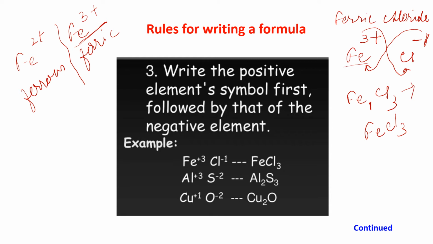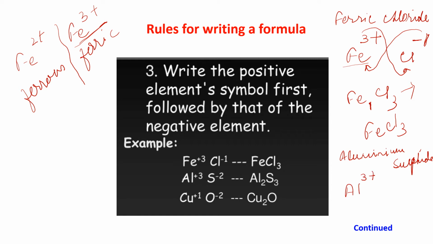If you write, it's not wrong, but generally we are not writing. Suppose I have to write aluminium sulfide. I'm writing here. Aluminium is the symbol Al with the valency +3.